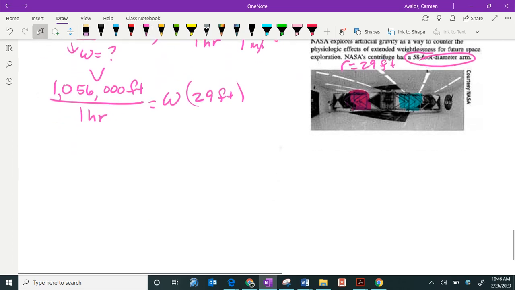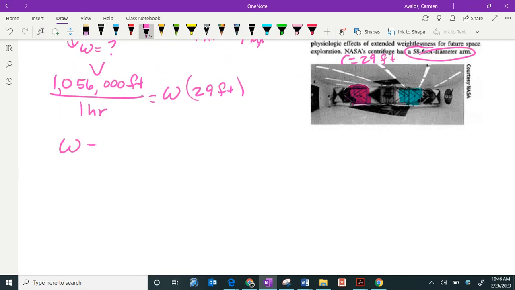So when we calculate this, we're going to get that omega because we're going to divide this. So we're going to multiply this by 1 over 29 feet over 1. That's going to cancel, and I need to do the same thing on this side. 29 feet, the feet are going to cancel, and so we're going to get the omega.